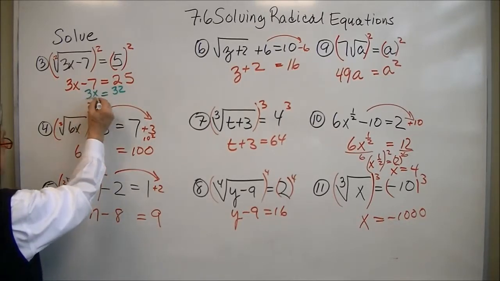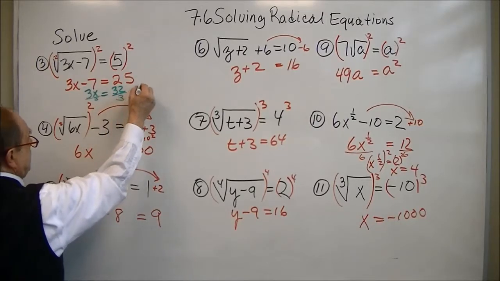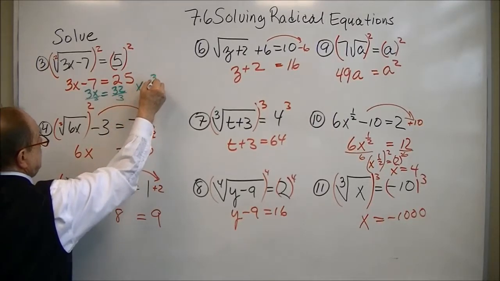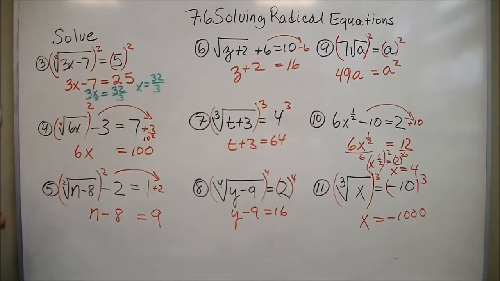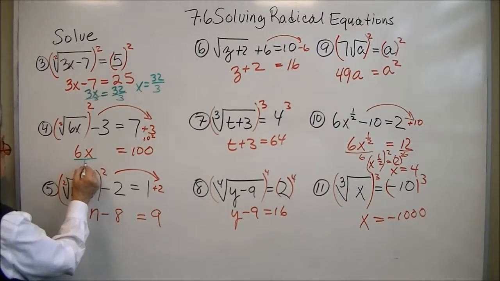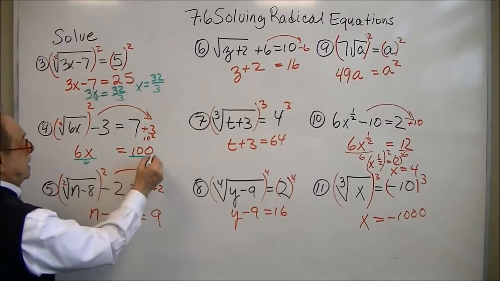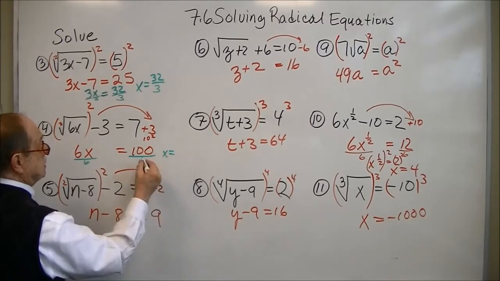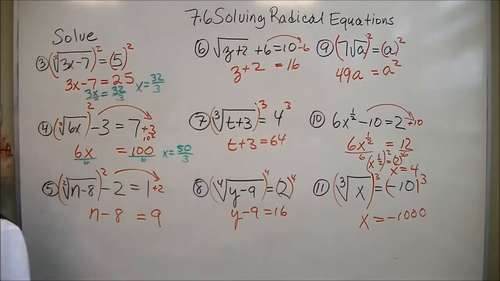And then we're going to divide both sides by 3, and we get x equals 32/3. And then here we're going to divide both sides by 6, and we get x equals 50/3.